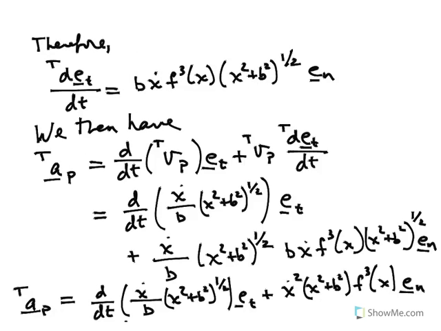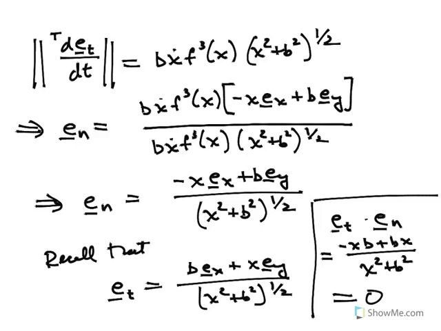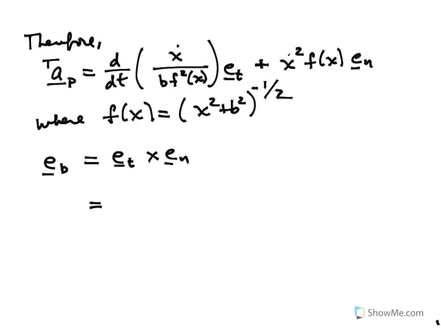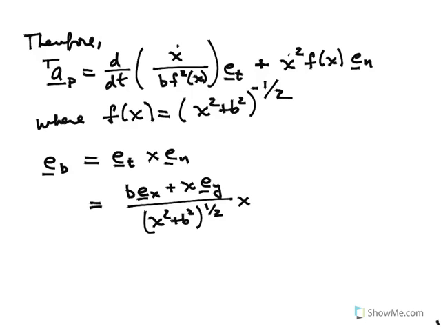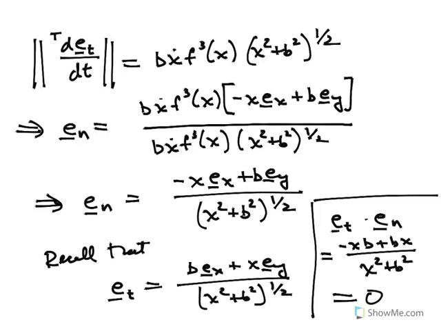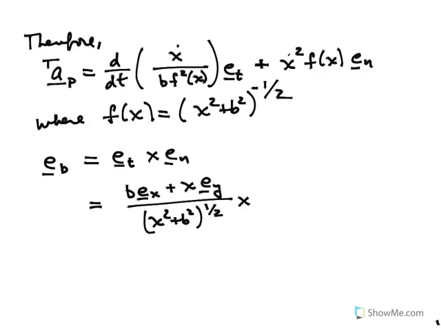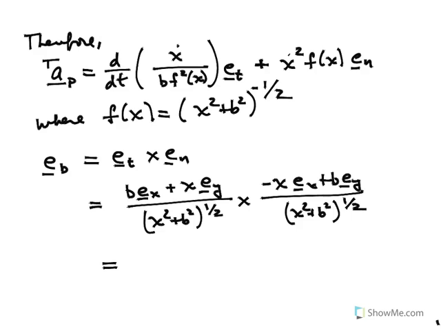And the tangent vector, if you remember correctly, the tangent vector was b e_x plus x e_y, all divided by x squared plus b squared to the 1/2, crossed with this principal unit normal, which is minus x e_x plus b e_y, all divided by x squared plus b squared to the 1/2, which is equal to, now, if we take cross products, the denominator is going to be x squared plus b squared.